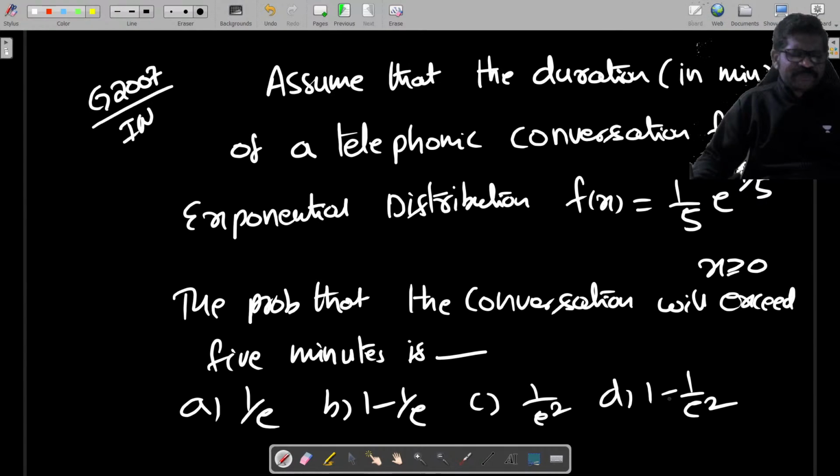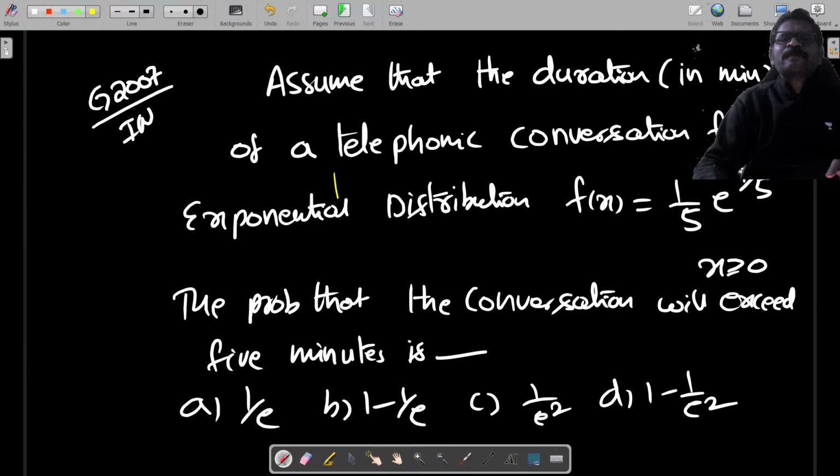So in this problem, the random variable follows exponential distribution f of x equal to 1 by 5 into e power minus x by 5. We have to find the probability that the conversation will exceed 5 minutes.